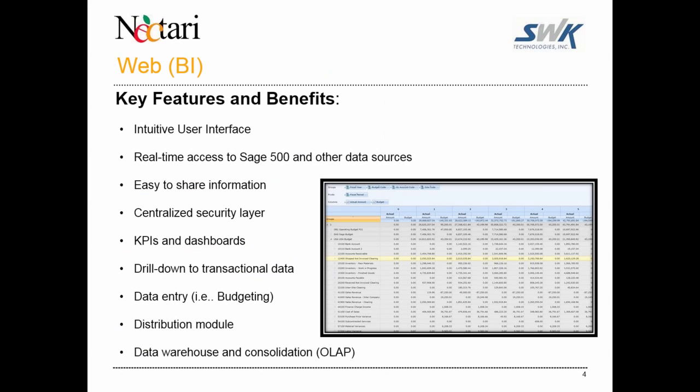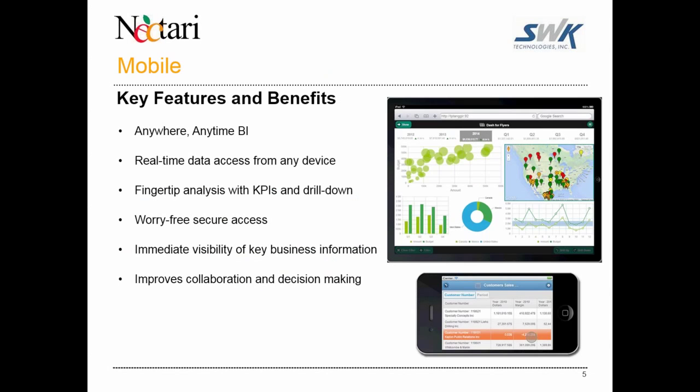It also has a centralized security layer, the ability to create KPIs and dashboards, drill down features that allow you to drill down to transactional data from within the interface, a data entry layer if you wanted to do some data entry, for instance, when you were doing budgeting. And it also has the ability to manage data warehousing and the consolidation of information from other databases through an OLAP. Next slide, please.